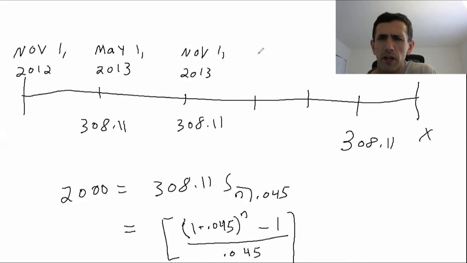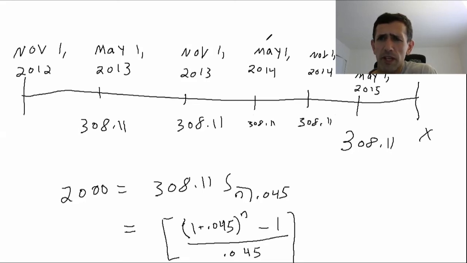Cram this in here a bit, but this is going to be May 1st, 2014. This is going to be November 1st, 2014. And this is going to be, November to May, May 1st, 2015. And these are all 308.11.